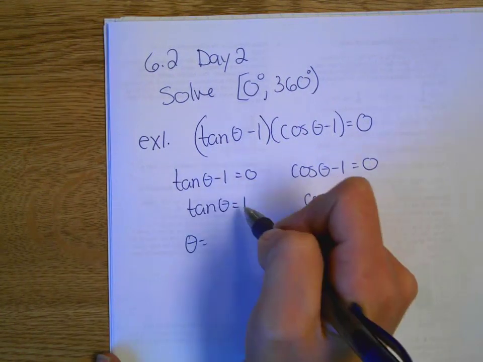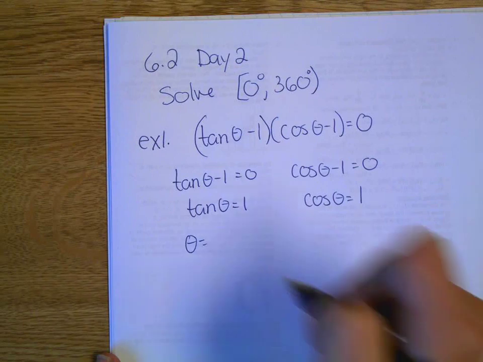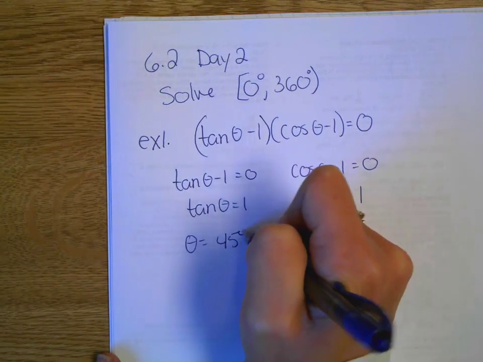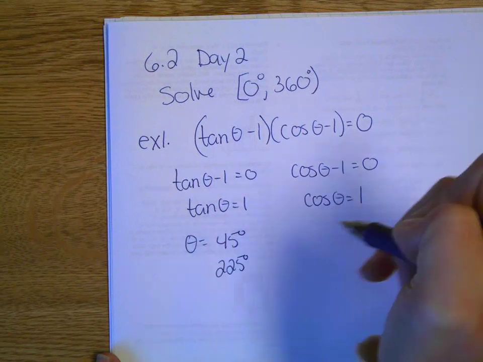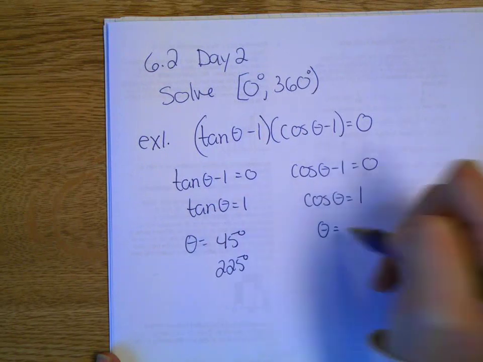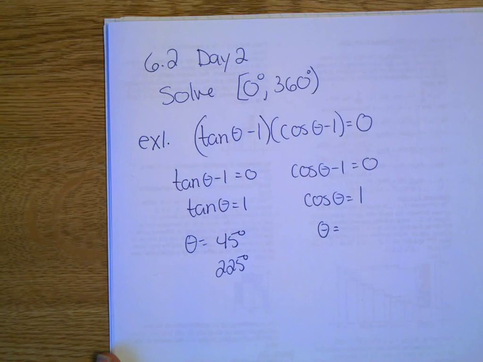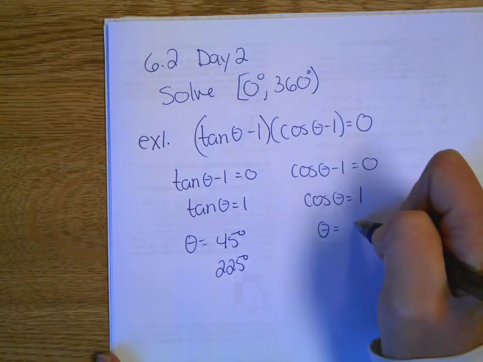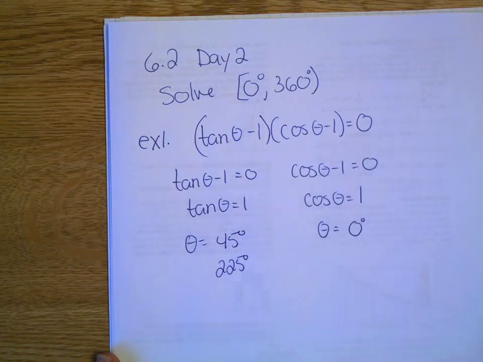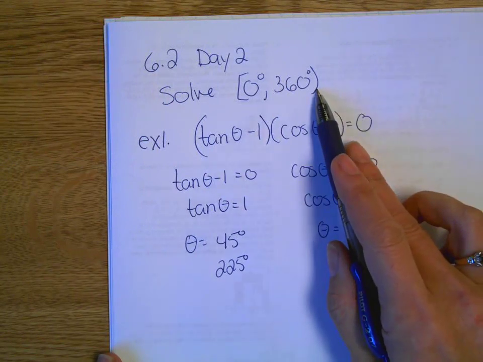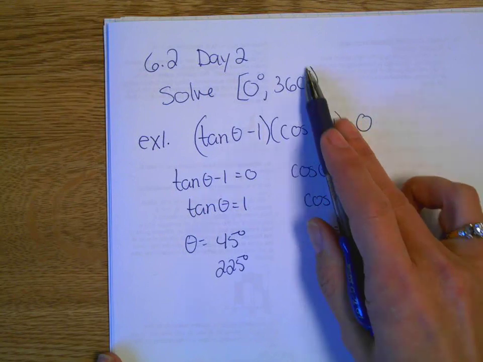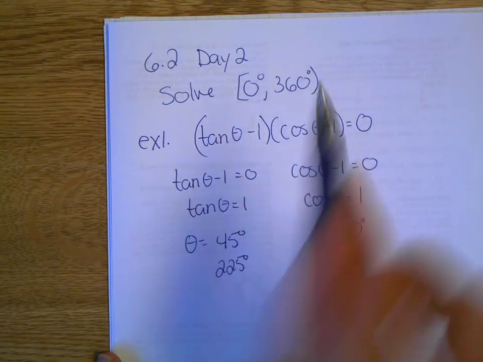Yep, remember how we're always finding two values. 45 degrees and 225 degrees. And where does cosine equal 1? 0 and 360? Okay, and if you look, we're not going to include the 360 because of the roundedness here. That's not included. I did look, they do round their end bracket so you don't use that number.